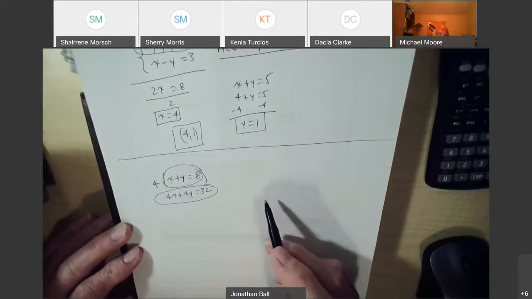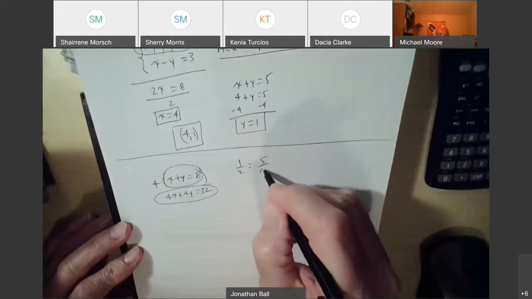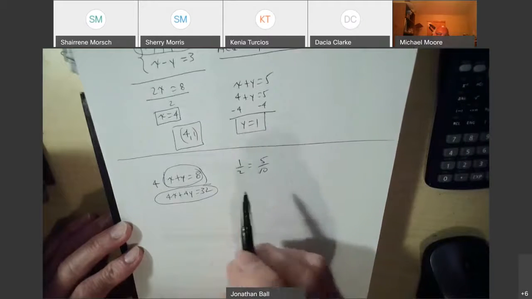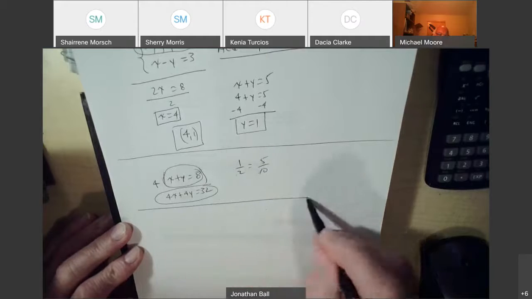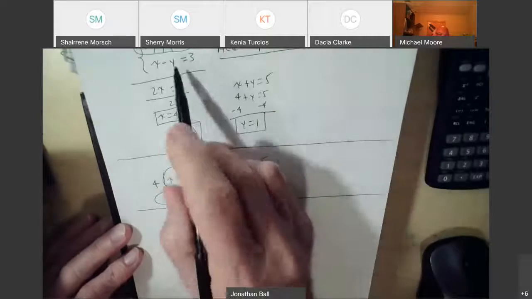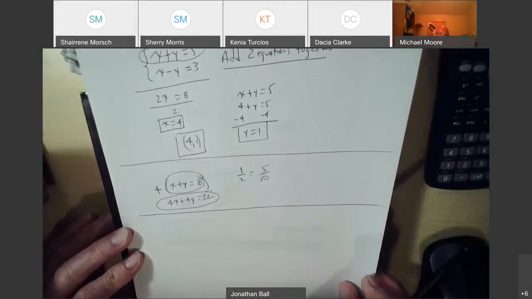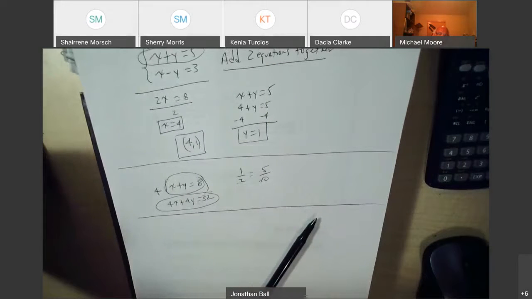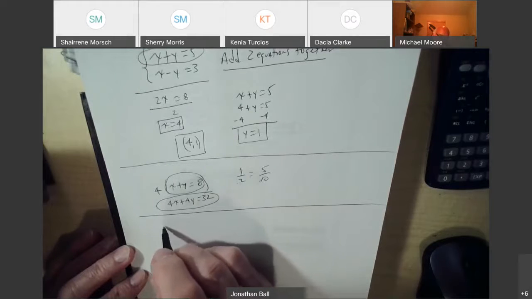They just look different. It's just like 1/2 equals 5/10. These are the same. So they're not always going to be this simple. We're going to have some equations that we're going to have to change in order to get rid of one of the variables.